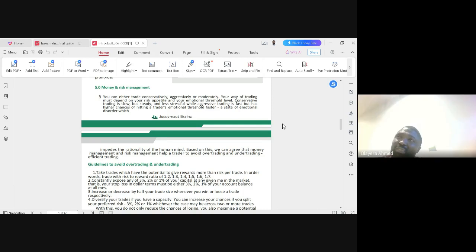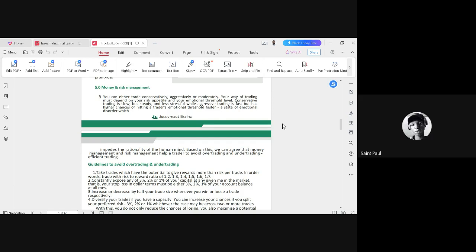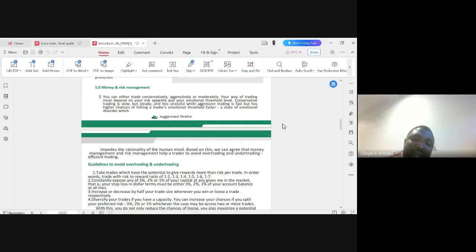I'm not sure $1,000 was even up to 150K or thereabouts at that time. The naira was better, not very strong, but better. It's not as bad as what we have now.